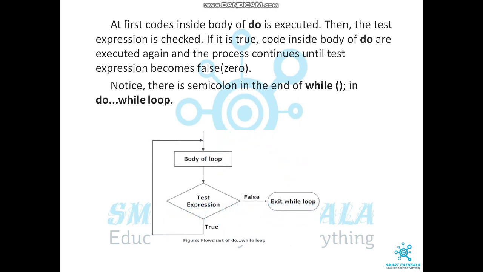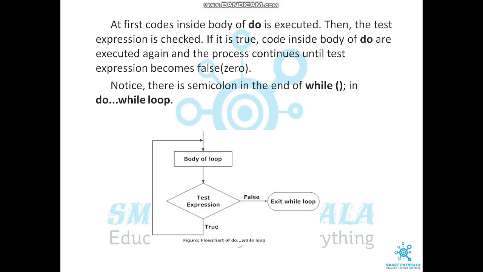Now here in the flow diagram you can see that firstly the body of the loop is executed once and then the test expression is checked. If it is true, again the body of the loop is executed and it continues like this until the test expression is false, and after getting the test expression as false it will exit the loop.